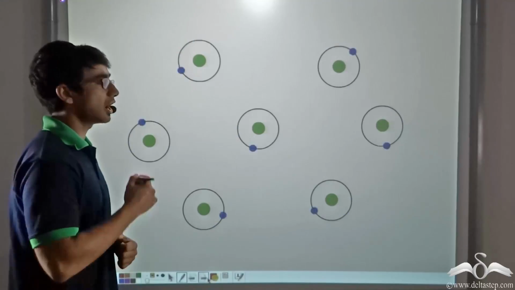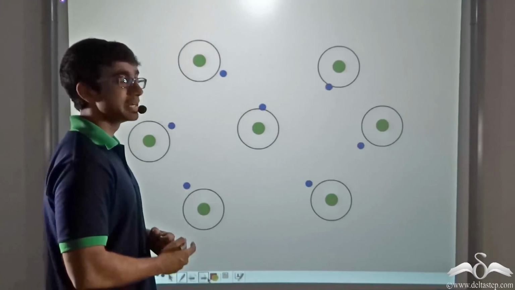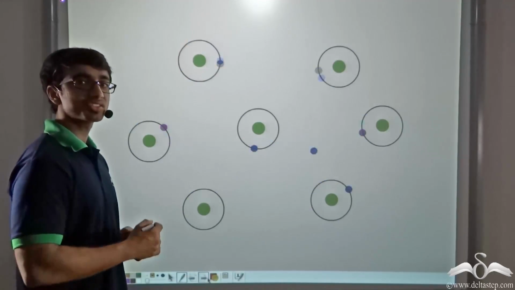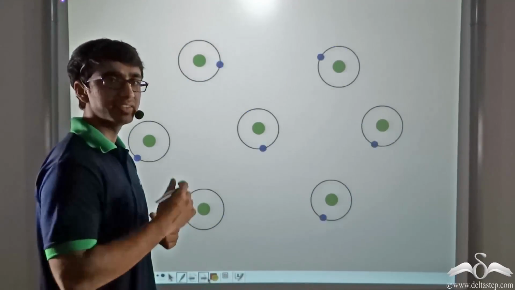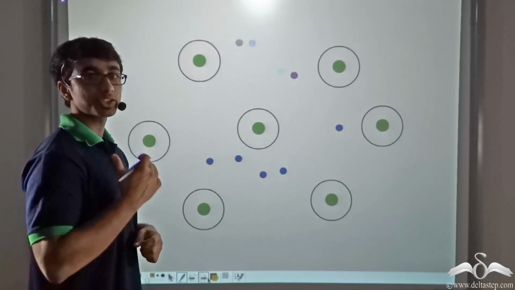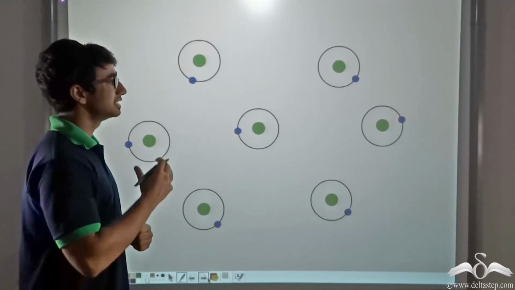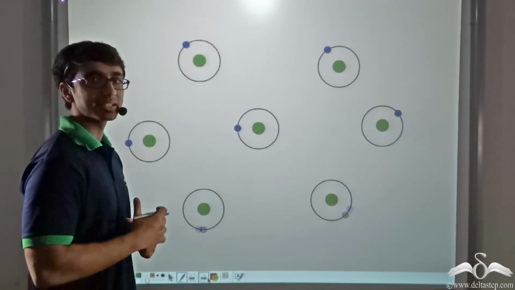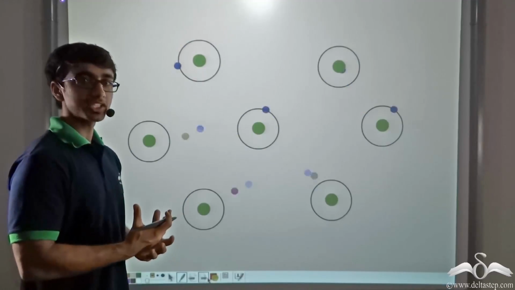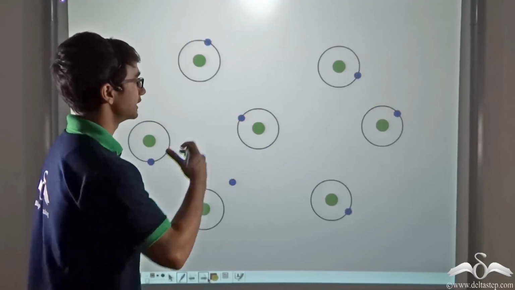Now if we consider the outermost shell of an atom, the electrostatic force between the nucleus and electrons in the outermost shell will be very weak because the distance has increased, and we know that electrostatic force decreases with increase in distance. So these electrons will be weakly held by the nucleus, as a result of which they will be free to move around in the entire body of the solid.